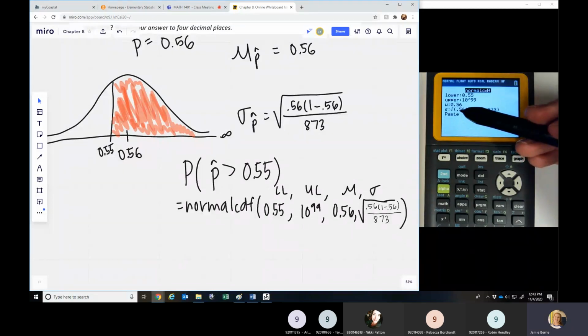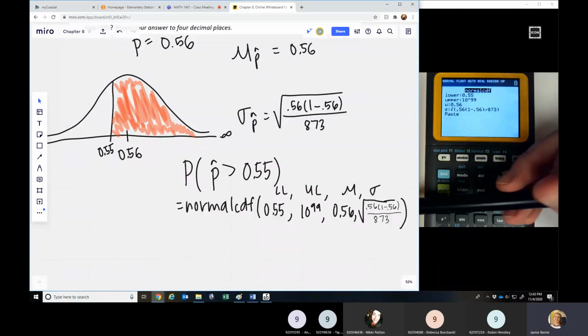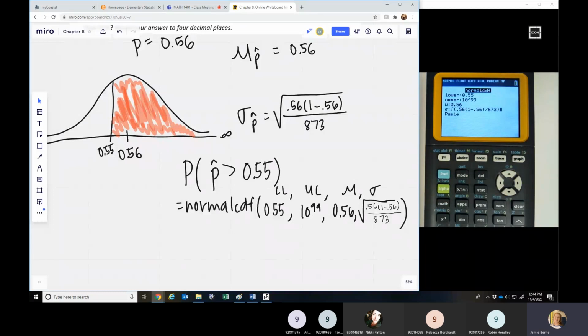So 0.56, parentheses, 1 minus 0.56, close that one, divided by 873. And go to paste. Then hit enter. And there we go.